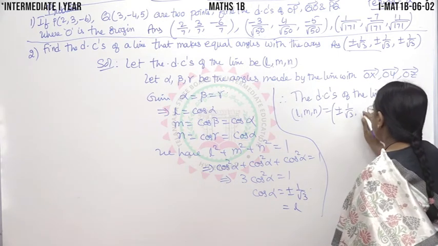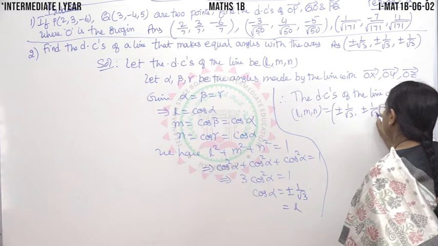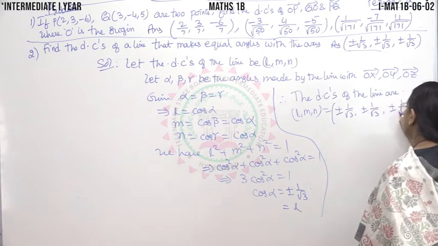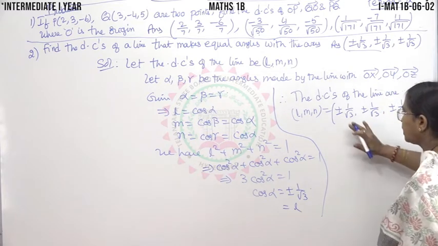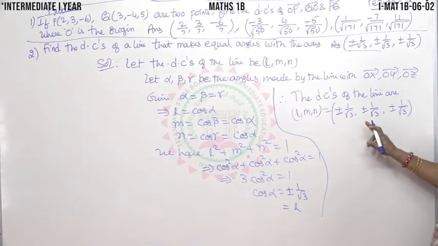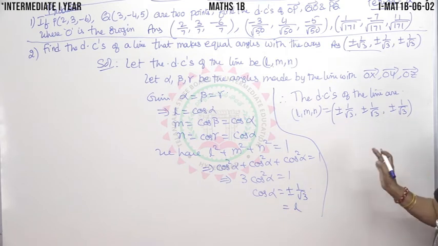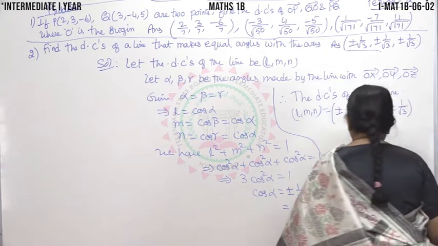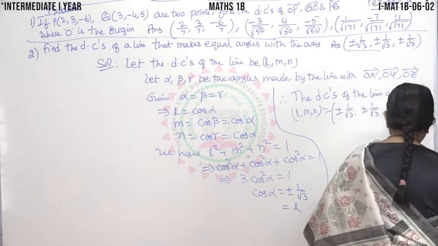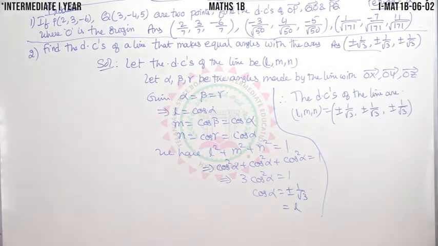M is also plus or minus 1 by root 3. N is also plus or minus 1 by root 3. All three are equal. So actually there are 8 sets of values. You can take all positive, 1 positive and 2 negative, 1 negative and 2 positive, and so on. There are 8 sets of values. So here we can write like this.